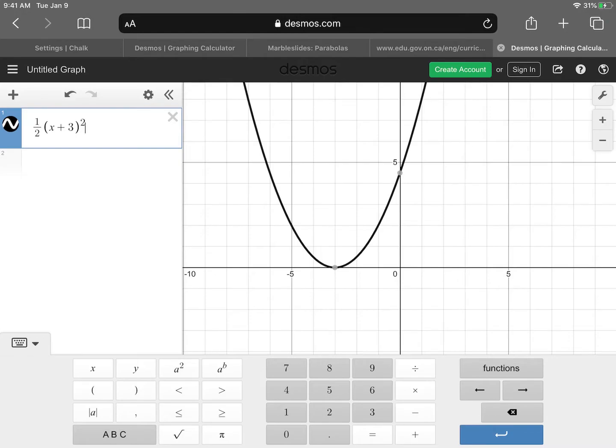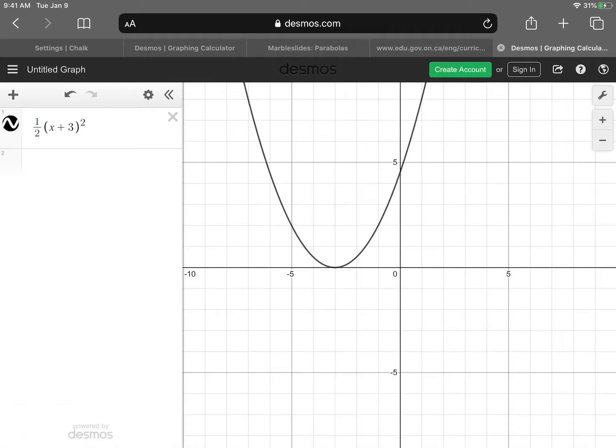Okay, I know what you're thinking. It's not the C value though, because C values go with standard form. What form is this in? Factored. So which value is it? The Q value. And the Q value controls up and down movements.